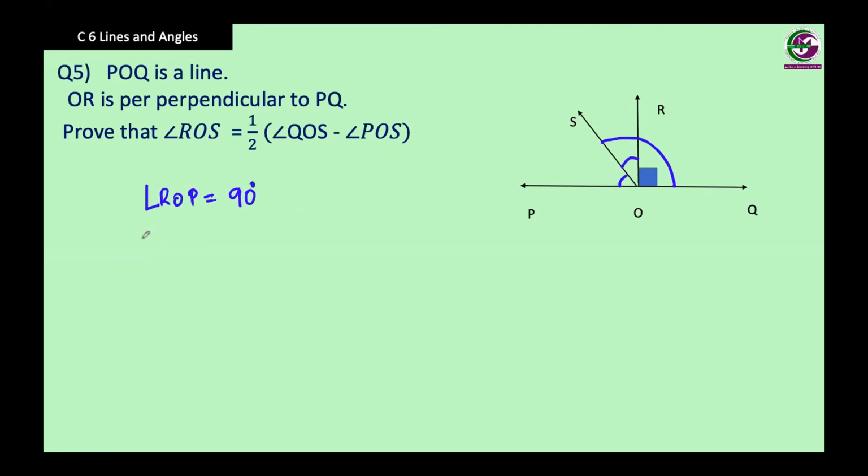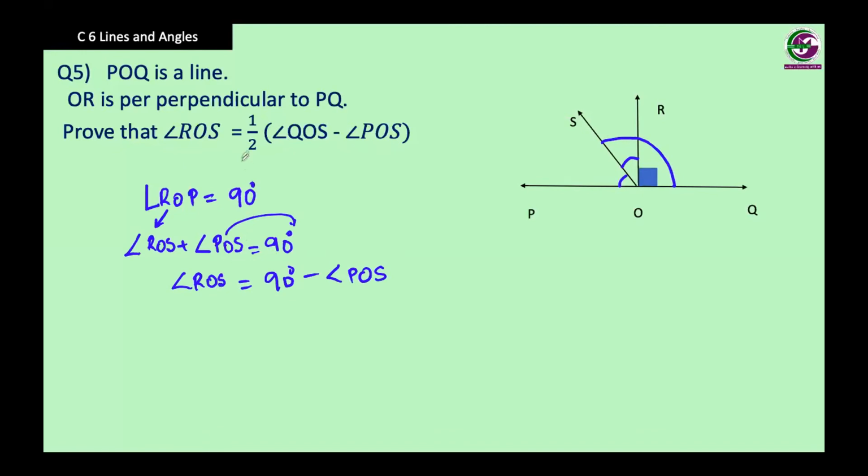Yes, we can rewrite ROP as ROS plus angle POS. Together will give you 90 degrees. Or we can write angle ROS is equal to 90 degrees minus angle POS. So we get an ROS on the left side.